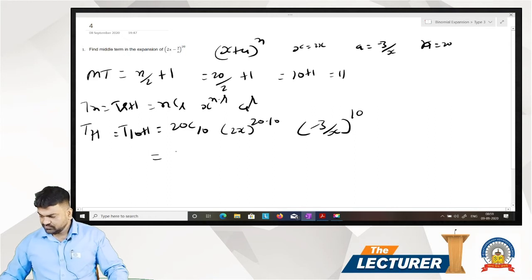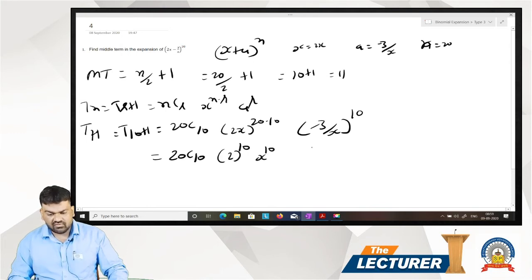So 20C10, 2 raised to 10, x raised to 10, minus 3 raised to 10 divided by x raised to 10.